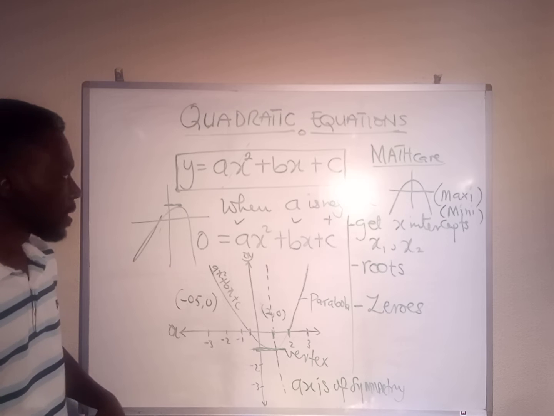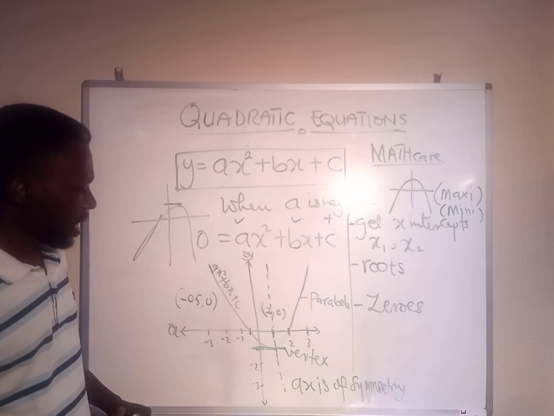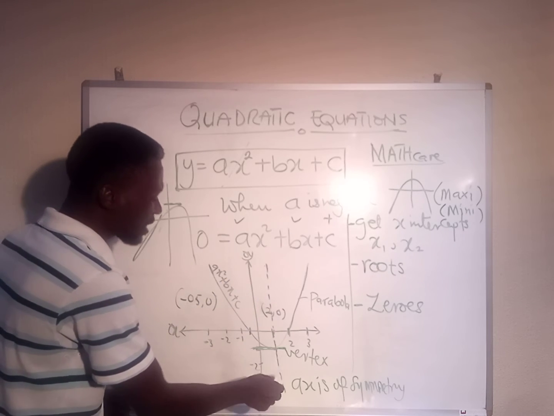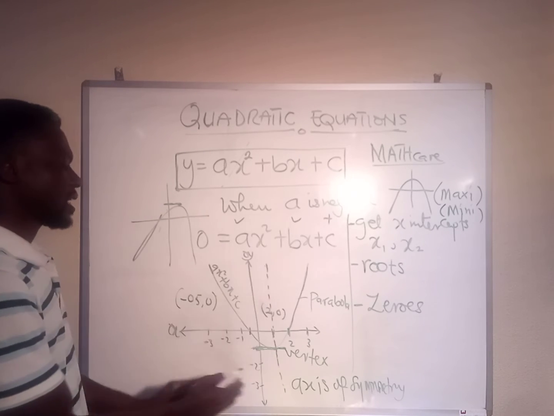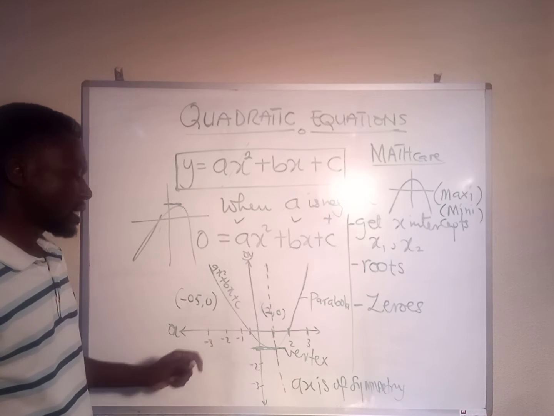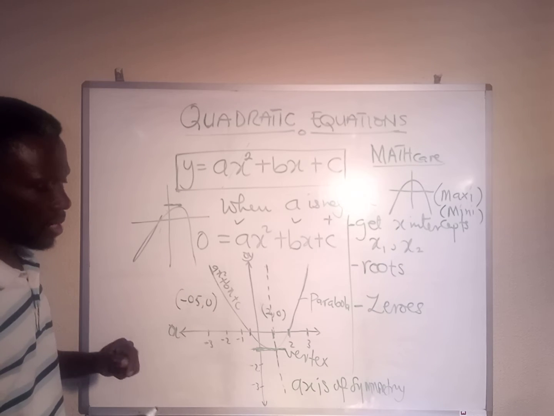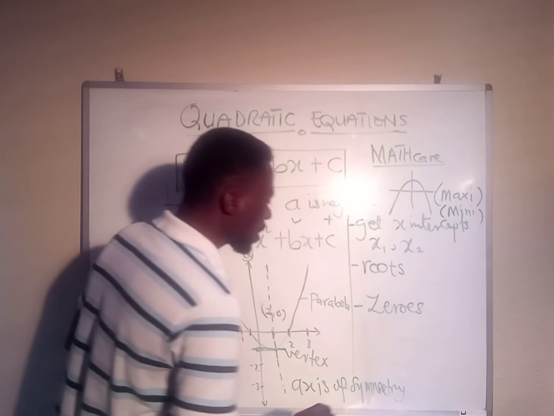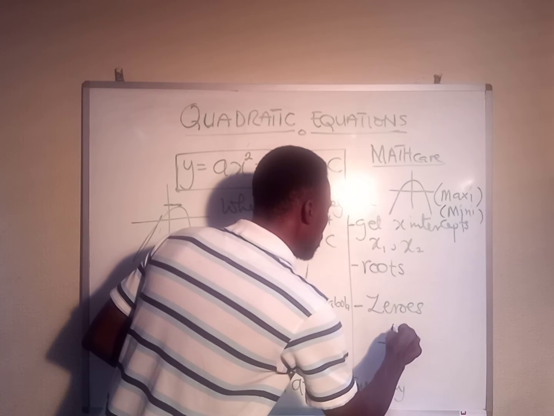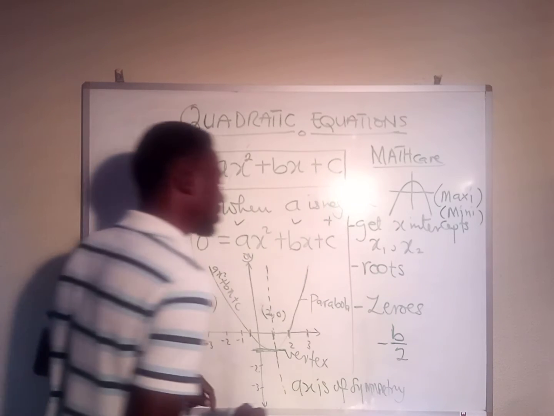All right. So now we have known all these things. Then again, this line that divides the curve into two equal halves, we said it is called the axis of symmetry. What is the formula for finding the axis of symmetry? The formula is negative b over 2.